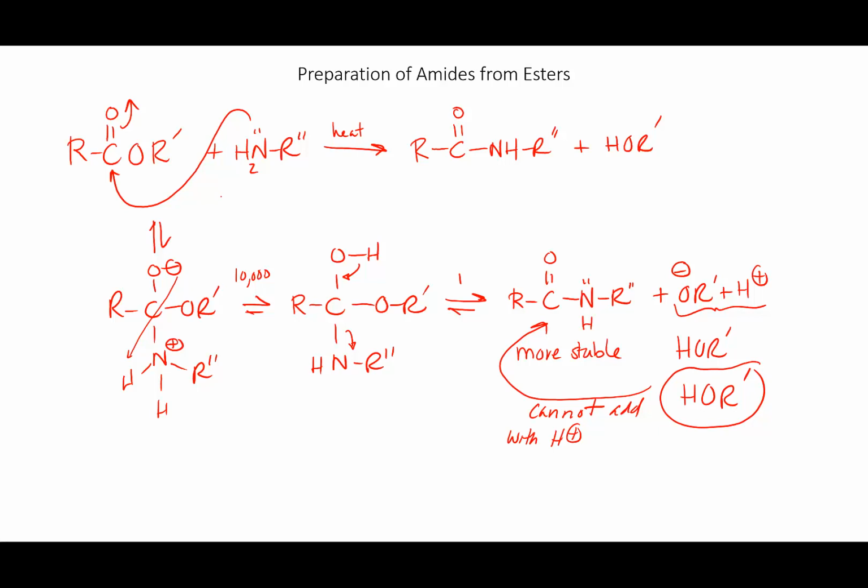Up here, with nitrogen as the stronger nucleophile, it can add. So all of those combinations of things push the equilibrium towards the formation of the amide. So that's how we prepare amides. We can prepare amides from esters, but no acid, just heat.